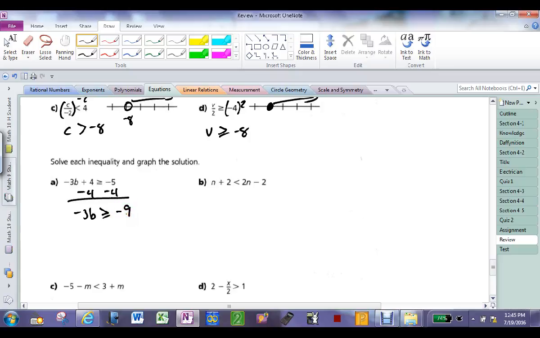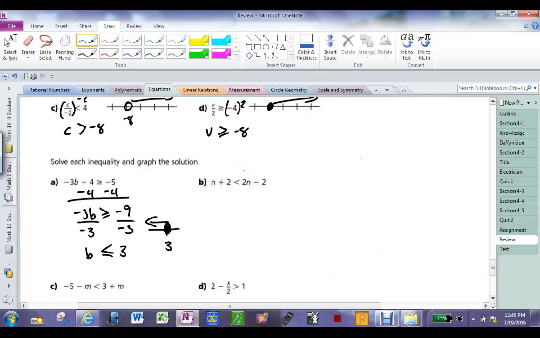I need to get rid of times negative 3. So what do I do? Divide by negative 3. Uh-oh, I'm dividing by a negative, so what happens to the sign? Changes. And this is positive 3. 3, close dot, goes left. Easy peasy lemon squeezy, yeah?